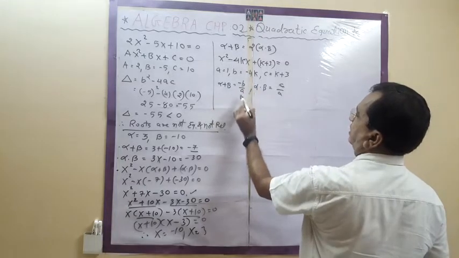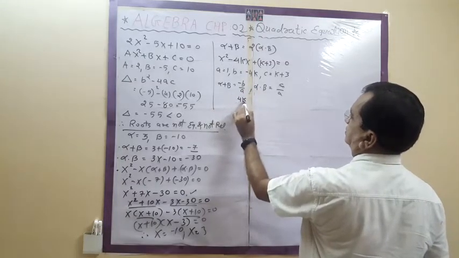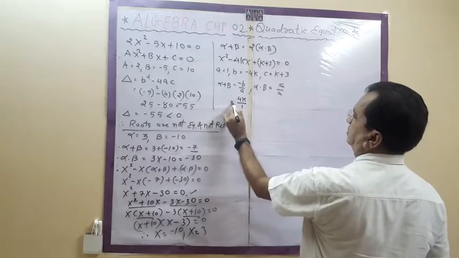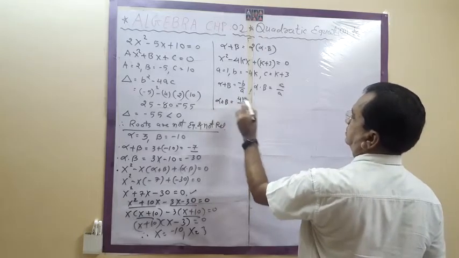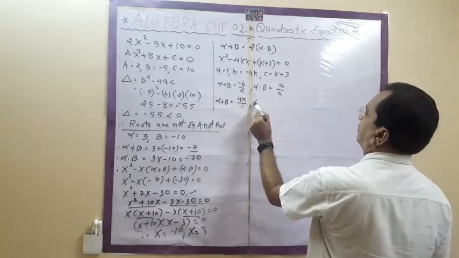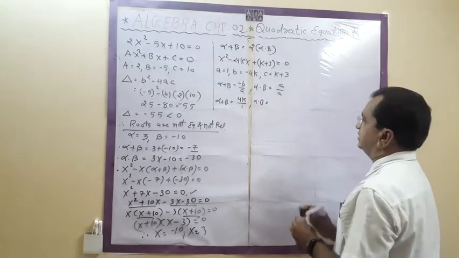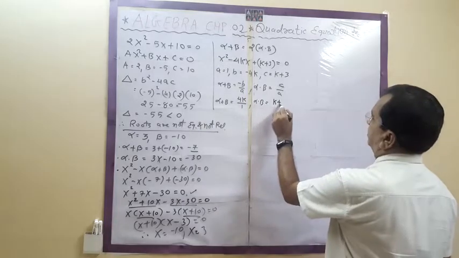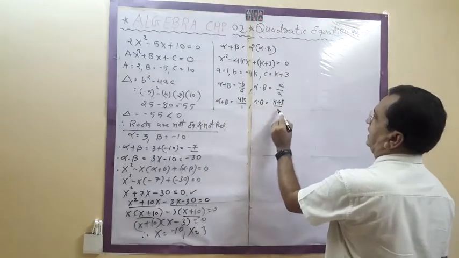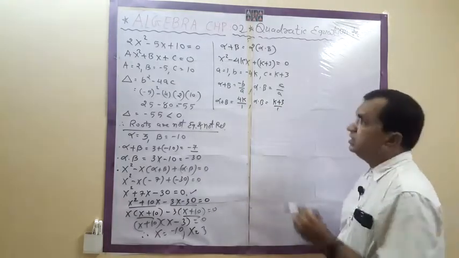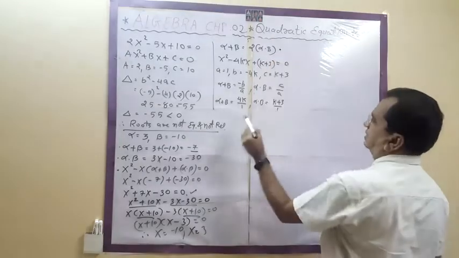So this is minus, so minus minus cancel. A is 1. So alpha plus beta, alpha dot beta. What is C? C is k plus 3 by A. A means 1. Now the condition is given, apply this condition.